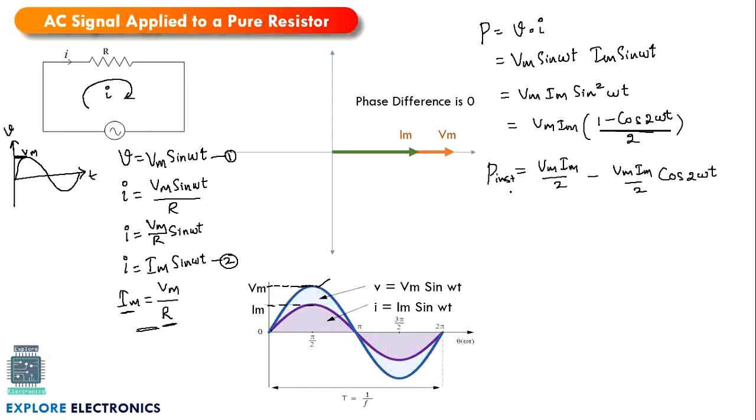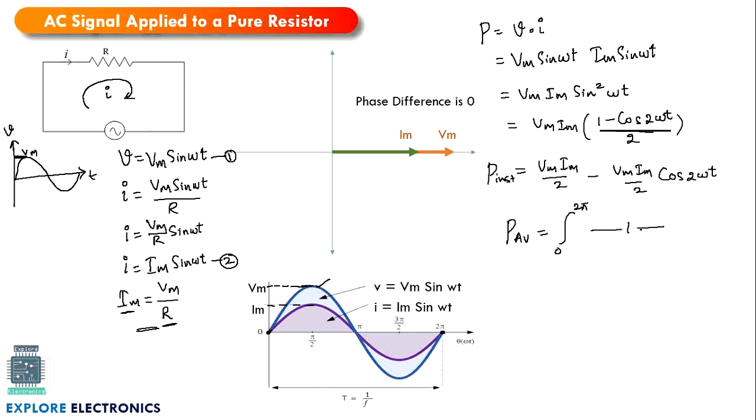Now we need to calculate the average power, which is the power dissipated by the resistor. To calculate the average power, I need to integrate this from 0 to 2π, that is, from this point to this point, which is considered one complete cycle. Taking the area over the complete cycle from 0 to 2π gives the average power.